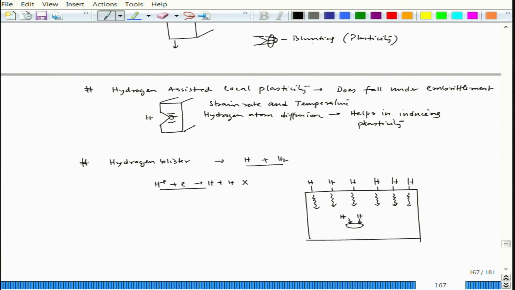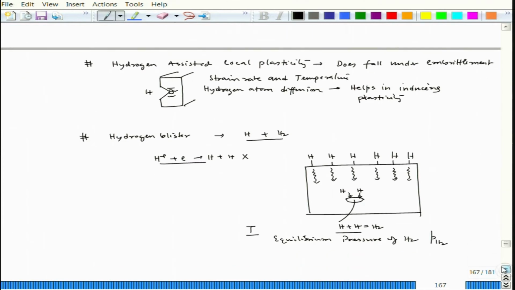Inside that void, hydrogen can combine and form hydrogen gas. Gradually this hydrogen gas buildup takes place inside the void, and at that temperature, because equilibrium is a temperature function, we have the equilibrium pressure of hydrogen, that means pH2 in equilibrium with hydrogen. Okay. So now I can write this.